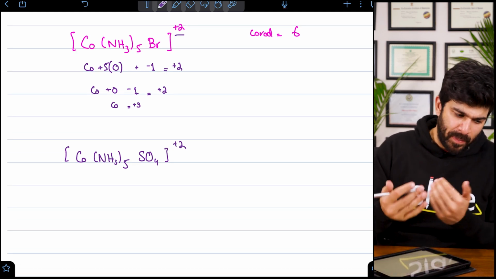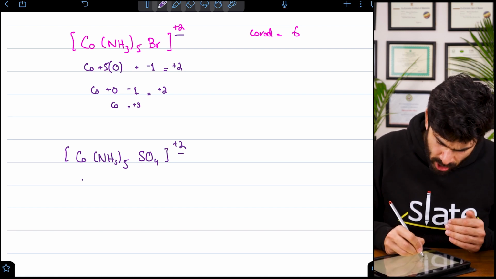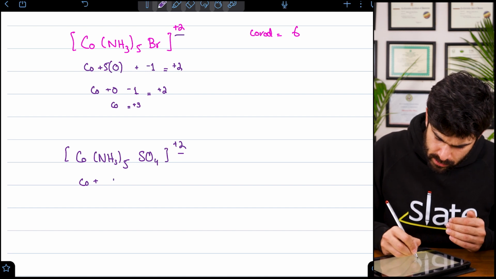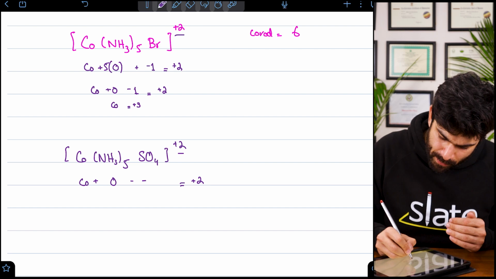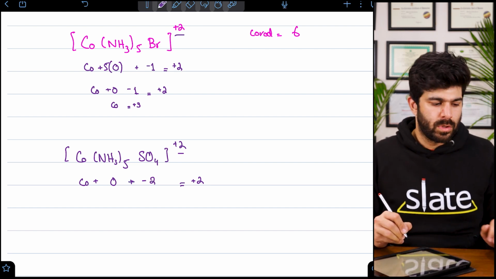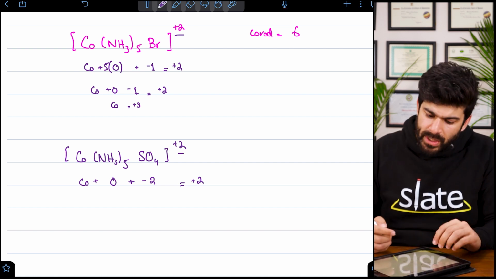So in this one, we have replaced it by sulfate, the same +2 charge, but we know cobalt charge, we don't know about it. Ammonia is 0, total charge is +2, but sulfate is -2. So when sulfate is -2, that's a different story now.